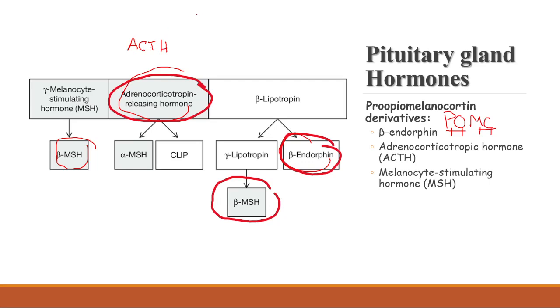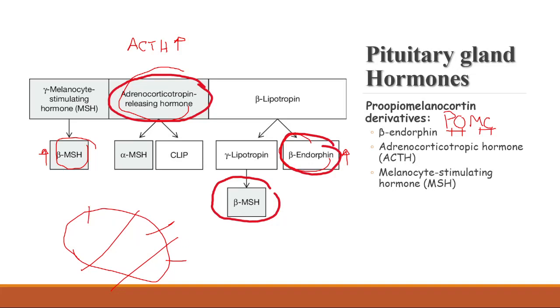Okay, so let's say we're trying to increase the ACTH. We're increasing the synthesis of ACTH. That means we also are going to increase the synthesis of MSH and the beta endorphins, as a byproduct, because we're making the entire protein first and then breaking it down into ACTH and MSH and endorphins.